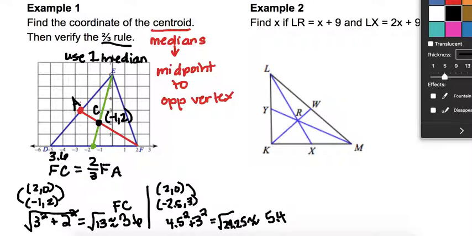So let's think about this being 5.4. If I do 2/3 times 5.4, I get 3.6. So that checks out. That verifies my 2/3 rule. So we have to use our estimates there because figuring out the relationship between those square roots is a little bit tougher.